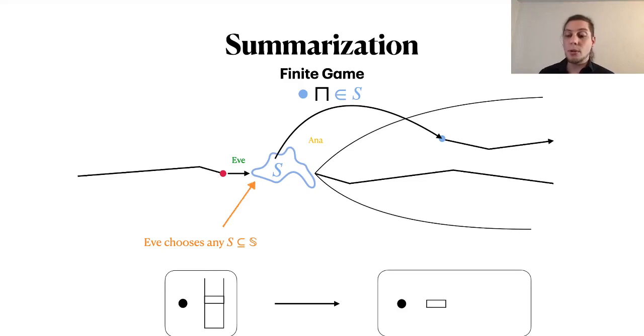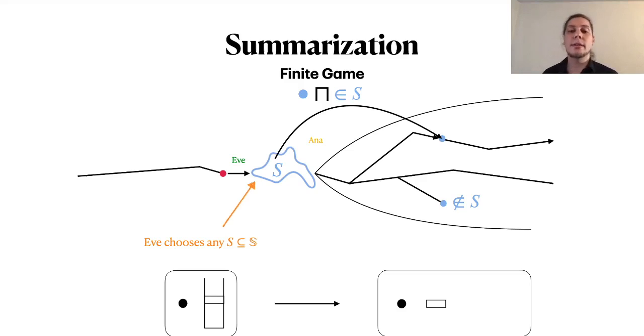But what can happen now is, of course, we can run into popping scenarios. We can run into a pop that is included in the set of summaries, or we can run into a pop such that the summary was not included of this sequence we have seen in the play. And now, when we run into a popping situation, we need to make sure that the right player wins.